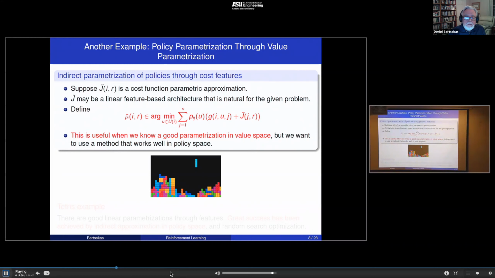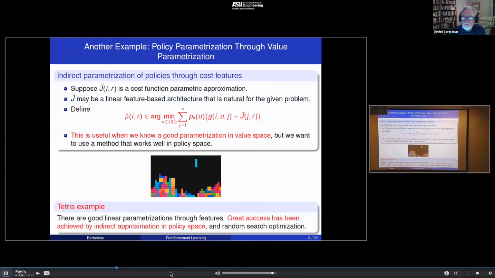And here's an example that I have had some personal experience with. Tetris, okay? It's a good test bed for challenging quite a few methods. Now, in Tetris, we've seen this example before.